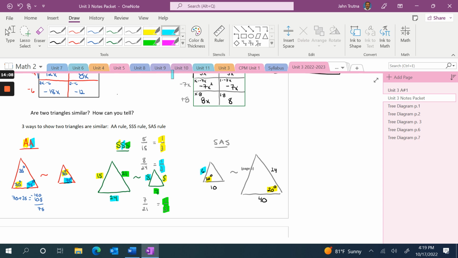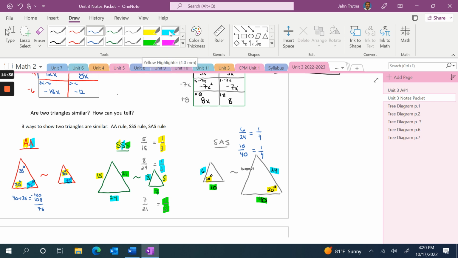So notice the 6 in the small triangle would correspond with the 24 in the big triangle. That would give me a ratio of 6 over 24, which reduces down to 1/4. The 10 in the small triangle would correspond with the 40 in the big triangle. That would give me a ratio of 10 over 40, which reduces down to 1/4.